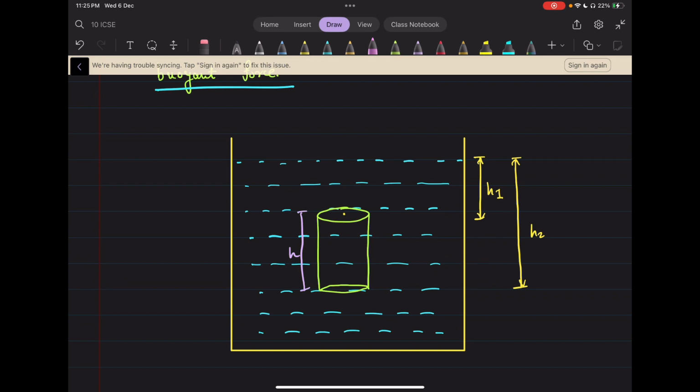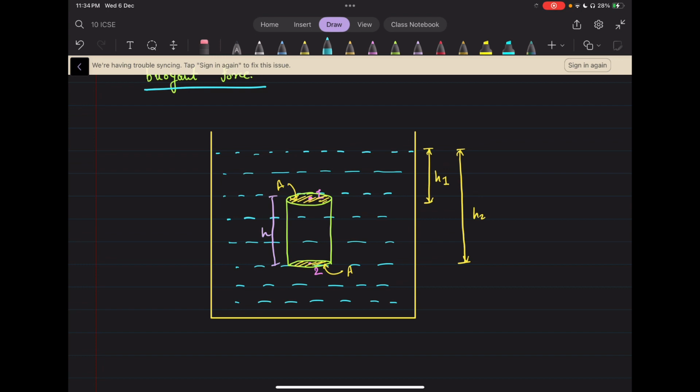Let us say that this is point 1 at the top surface of the cylindrical body, and this is point 2 at the bottom of the cylindrical body, and we are taking that the area of this surface is A. Similarly, the area of the bottom surface is also A.